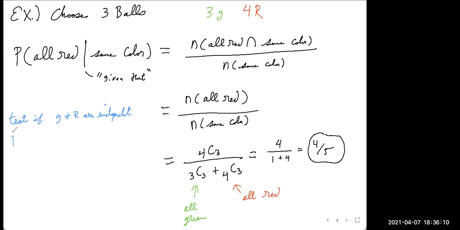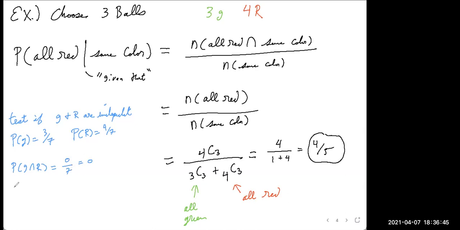The probability of a green, well, there's 3 of them, and there's 3 out of 7. The probability of a red is 4 sevenths. What's their intersection? How many balls do we have that are both green and red? Oh, none. 0 out of 7, 0.